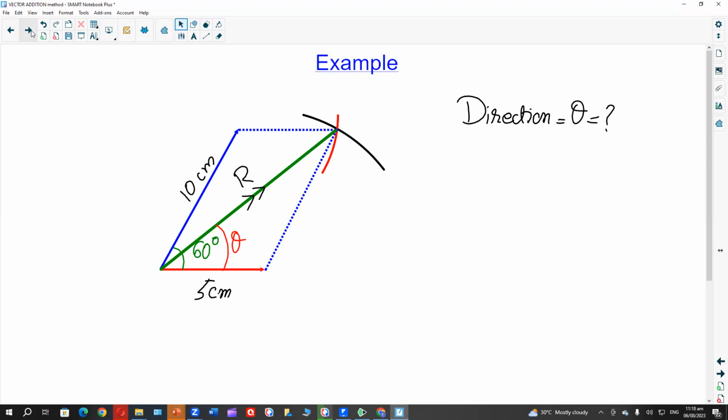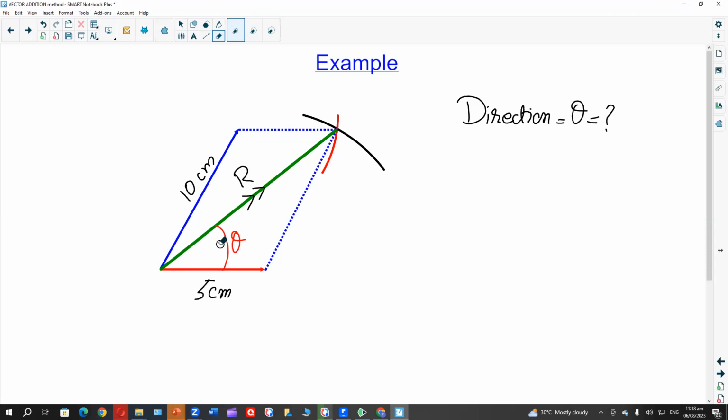Now let's talk about direction. This is the angle theta, which is now the direction. Direction is 40 degrees, sir? Did you measure it? Yes. Okay.